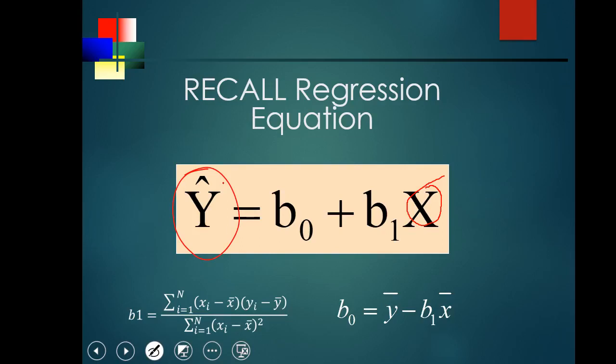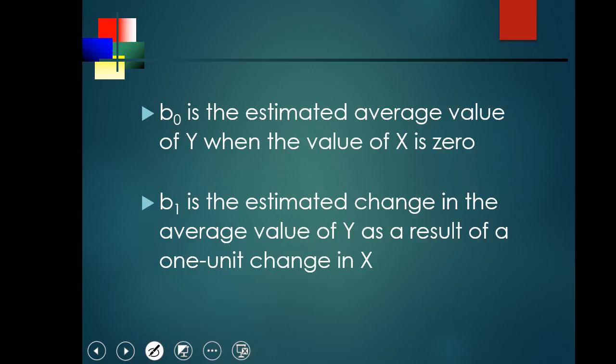So y will depend on x if you have the beta naught and beta 1 values known. For beta 1 we have an equation, and for beta naught we have another equation. If we want to predict y on the basis of x, we will first determine these two terms.